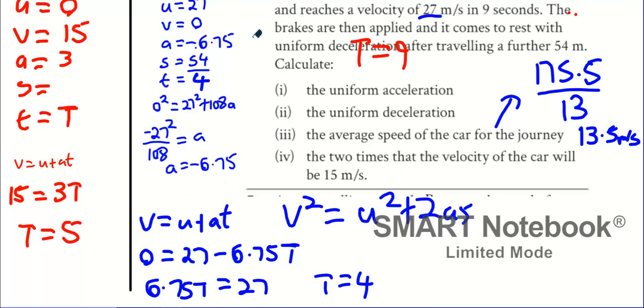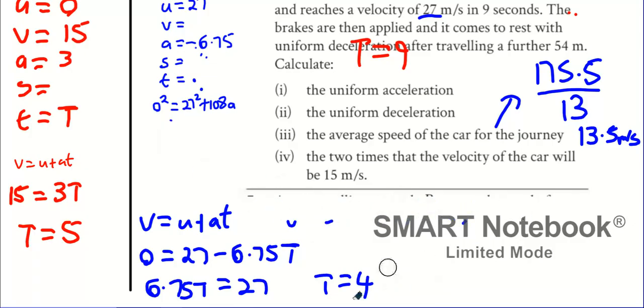Now, in the blue zone, what we're going to do is we're going to start at 27, but where are we going to finish? 15. Okay. 27 take 15? Oh, sorry, messed that up there. 15.